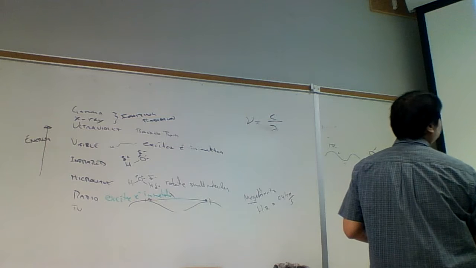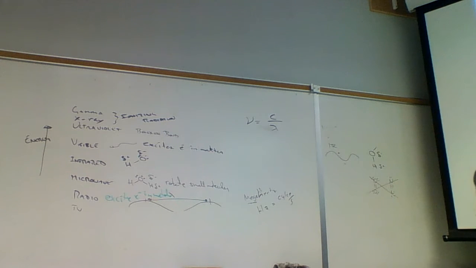The units of frequency are hertz, and we usually get rid of the cycle and just say per second. The units of wavelength are here. These are the common ones: centimeters, micrometers, nanometers, angstroms, and picometers. Those are common units for wavelength.